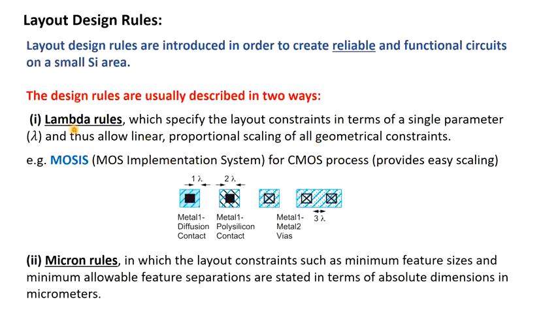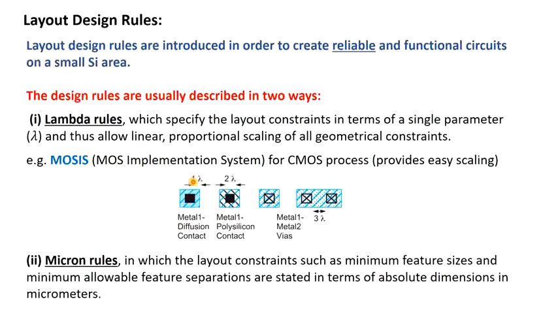Now, using this lambda based design rule, suppose for this metal 1 to diffusion contact, the separation between this edge and this edge has been defined as 1 lambda. Then if you switch the technology node from 4 micrometer to 2 micrometer, only the value of lambda will change.